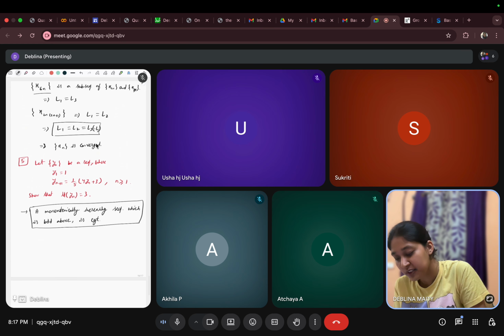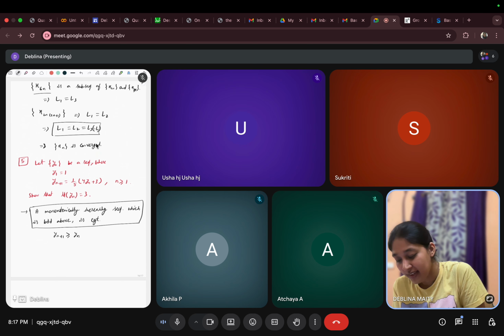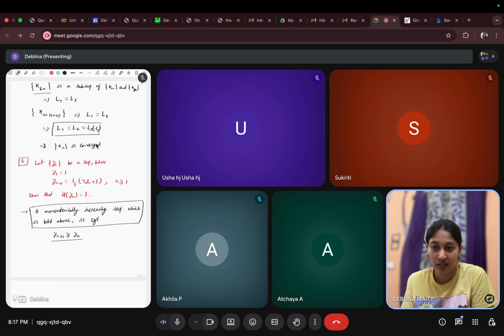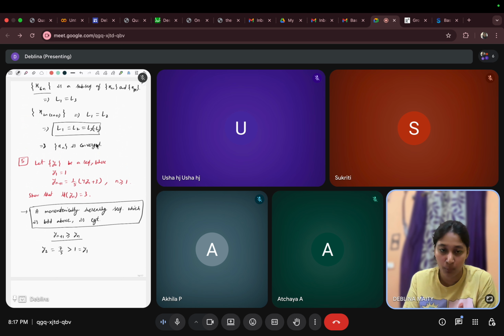Monotonically increasing means yn+1 is greater than or equal to yn. We have to prove this, and we'll prove it by mathematical induction. We see that y2 is 7/5, which is greater than 1, that is y1. So y1 is less than y2.